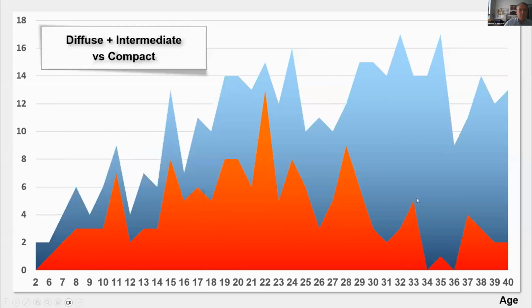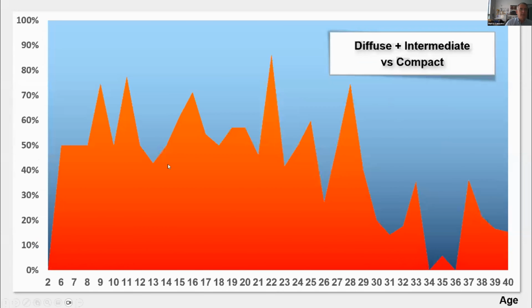But if you normalize it, you see that there is something that changed. You see that before the age of 30, you have a much higher concentration of diffuse and intermediate AVM rather than compact. And the idea is that something here is different.